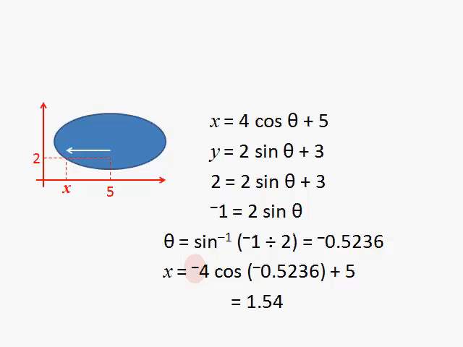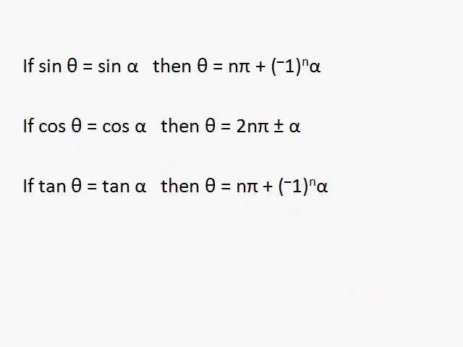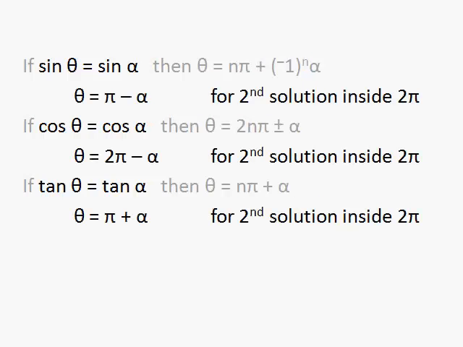On your formula sheet, if you need it, you are provided with some formulas that help you find second solutions. Unfortunately, they are these, and they're very difficult to understand. So if sine theta is equal to sine alpha, then the relationship is that they are n pi apart plus this hideous thing here, slightly easier for the other two. In practice, you only want the one other solution within 2 pi radians, and that's this.